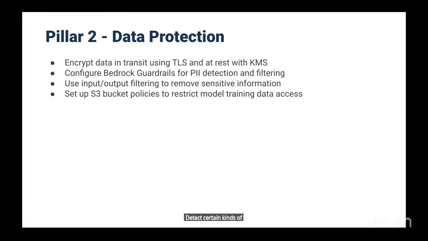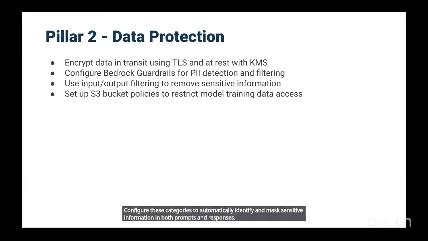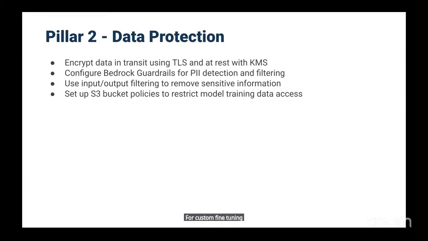Now this is inside Bedrock. Configure these guardrails to automatically identify and mask sensitive information in both prompts and responses. For custom fine-tuning, use S3 bucket policies to strictly limit who can access your training data. These controls ensure sensitive information remains protected throughout the AI interaction lifecycle.